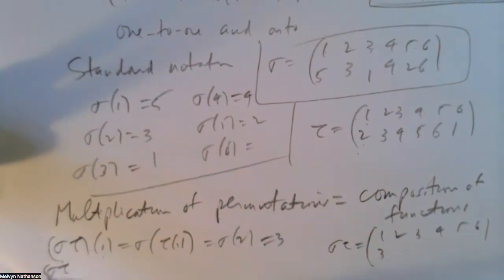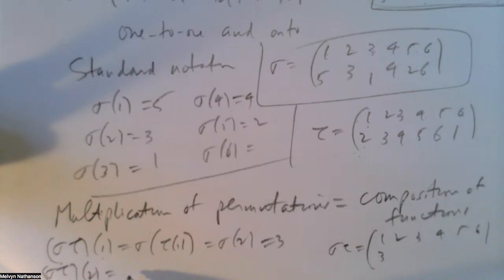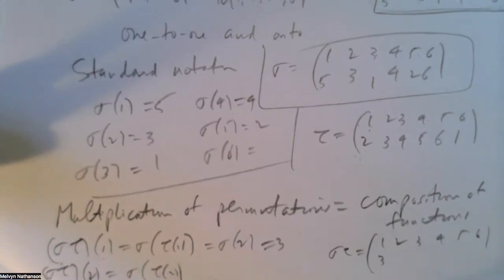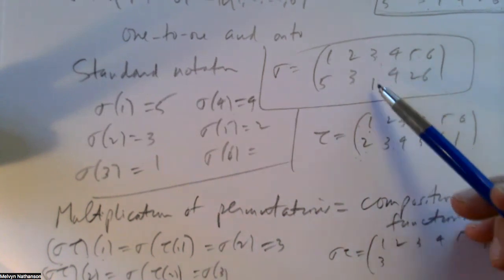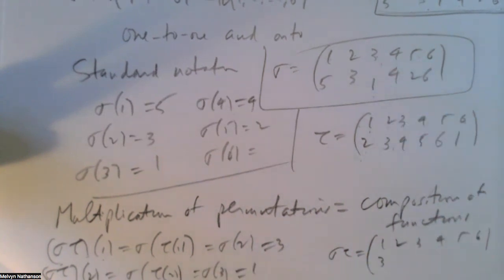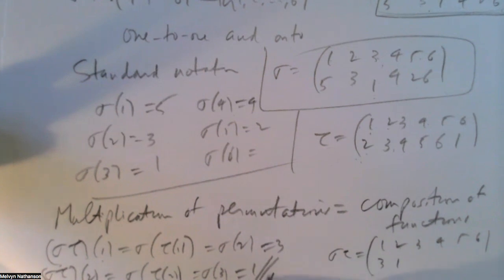What is sigma tau of 2? That's sigma of tau of 2. Tau of 2 is 3, so that's sigma of 3. What is sigma of 3? It's 1. So sigma tau sends 2 to 1. What is sigma tau of 3?